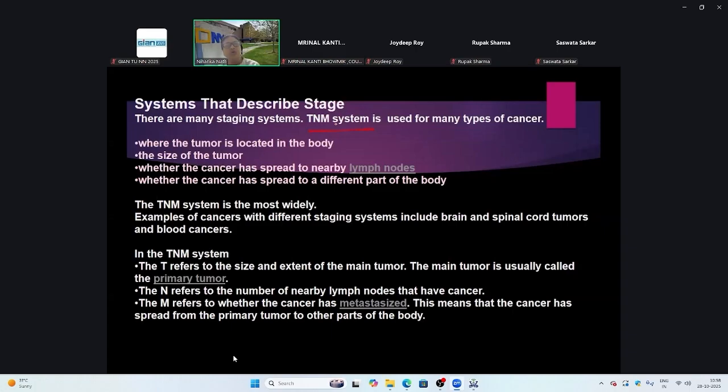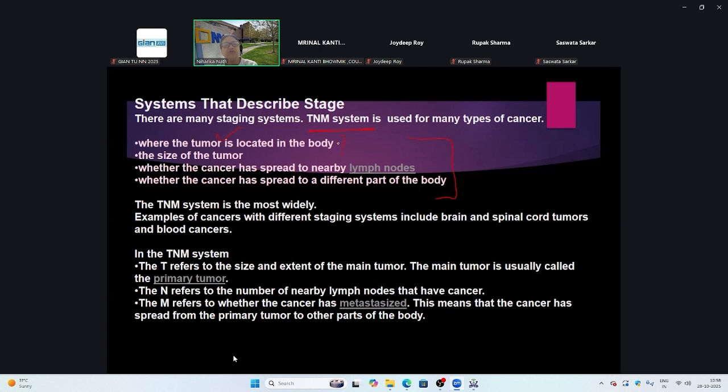What it defines is that it looks at various factors, T, N and M. So where is the tumor located in the body? Not every tumor can be staged this way, but that's one question.